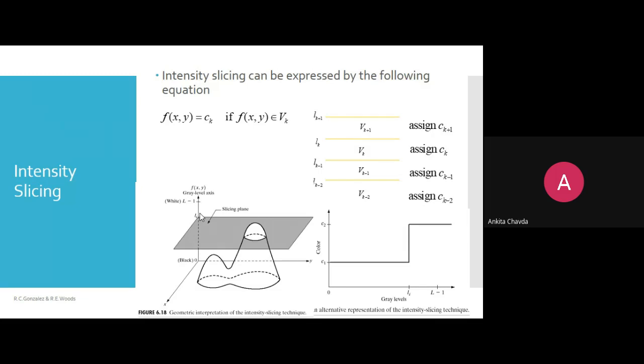That is represented in the second figure. From 0 to Li, that plane will have the color C1, and above that, till L minus 1, the color C2. So this is your two-color image, only C1 or C2.